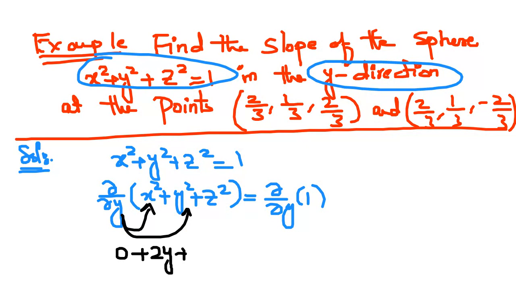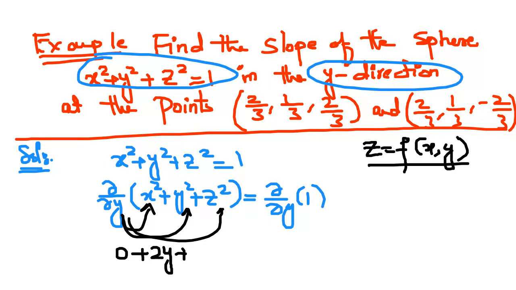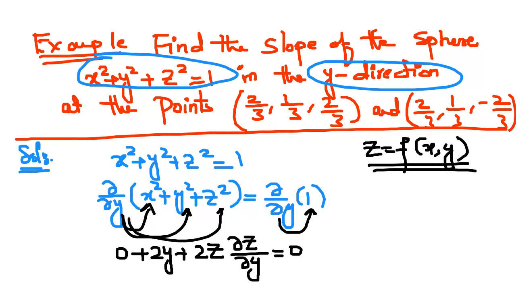What about the z square? This is the main question, because z is a function of x and y. So in z there is a y. Okay, so it means the partial derivative of z square is 2z partial z over partial y. And what is the partial derivative of 1? That is equal to 0.